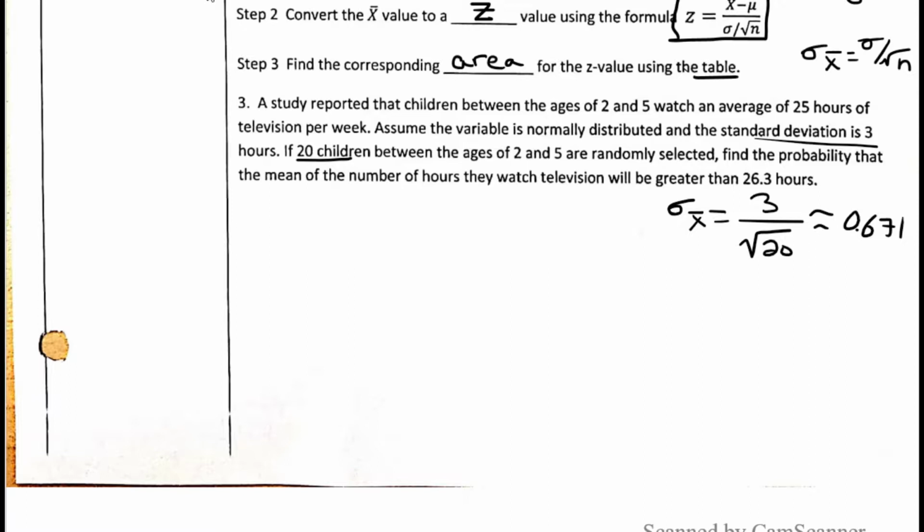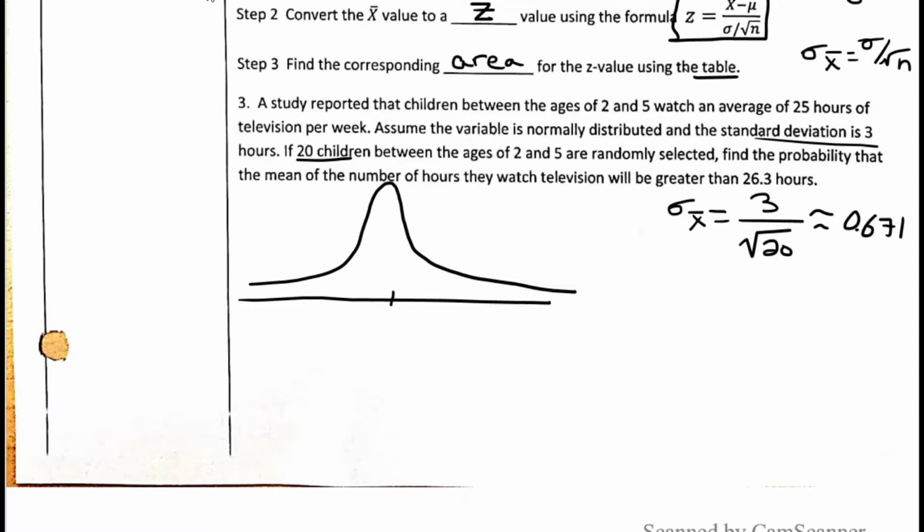So I'll show you. If we were to draw the bell curve, we have a skinny bell curve, and I'll try to draw that a little better. Okay, and in the middle, we know that the average of the sample means. How do we know we're dealing with the sample means?